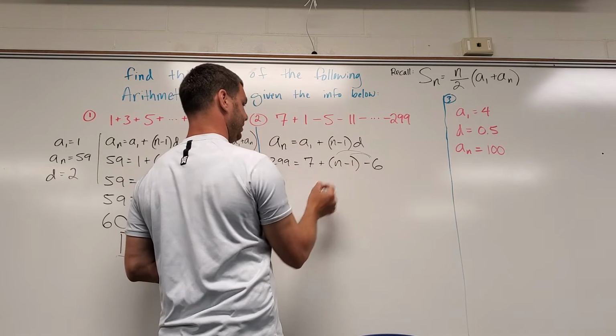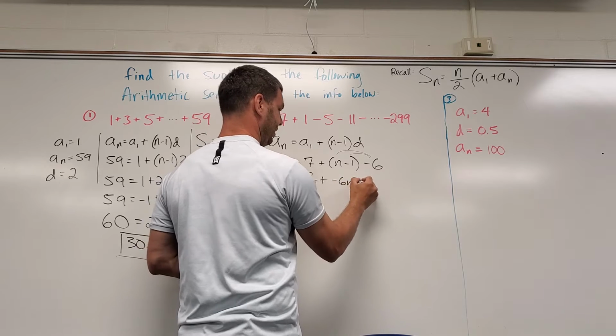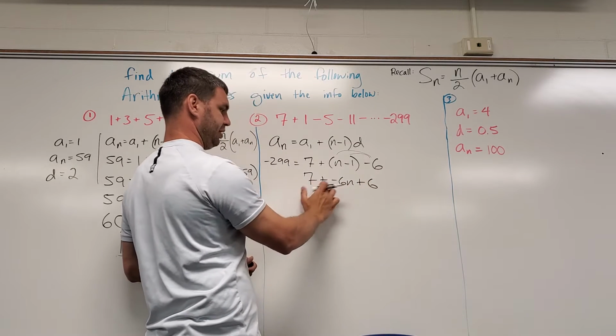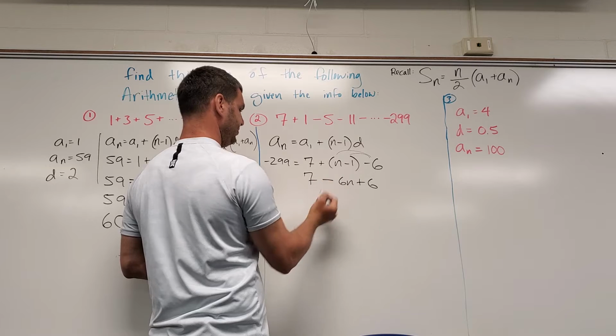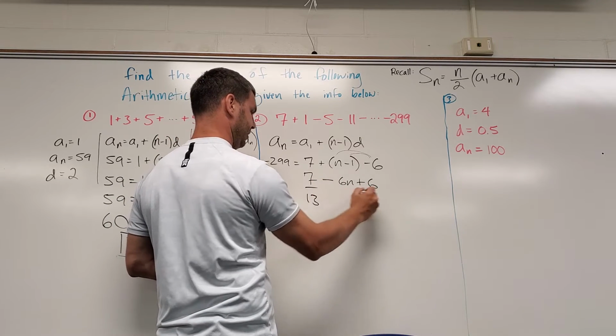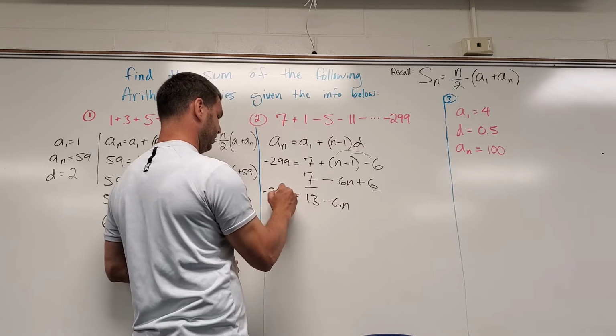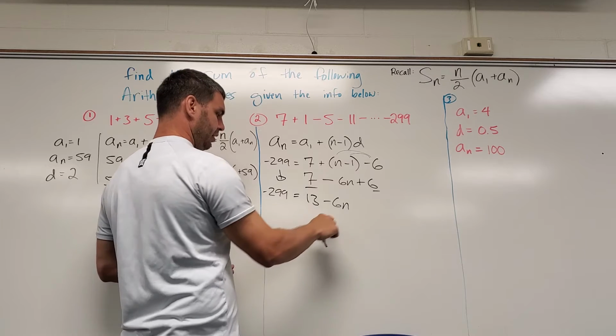I'll distribute that negative 6 in, give me 7 plus negative 6n plus 6. And then this plus and negative is actually just minus. 7 plus 6 is 13 if I combine my like terms. So 13 minus 6n equals that negative 299 from up here. Bring that down.